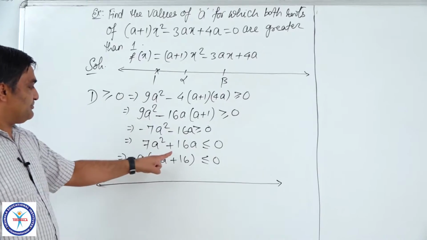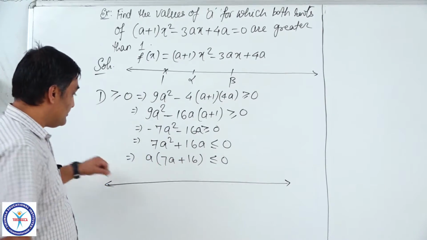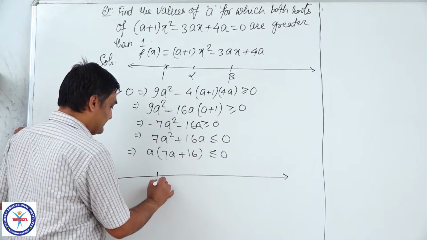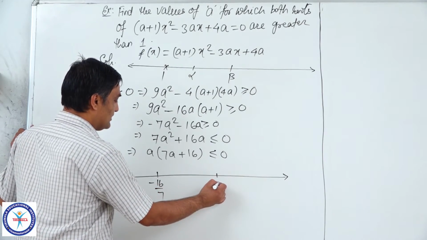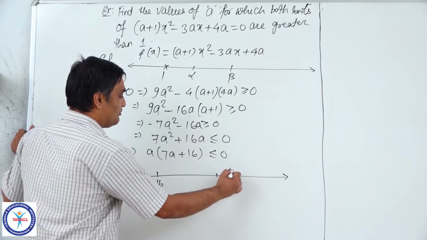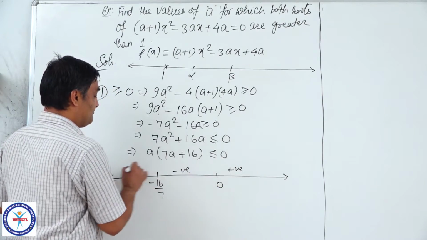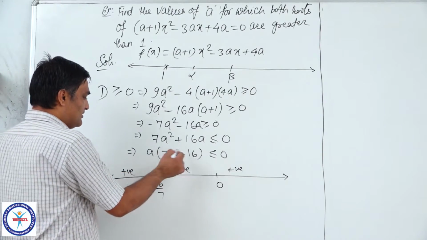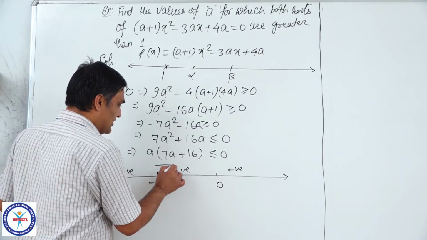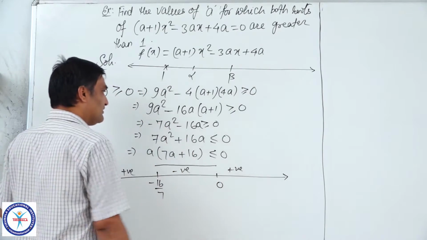It is an expression in a. We will write the roots as −16/7 and 0: positive, negative, positive. We need negative, means like this.